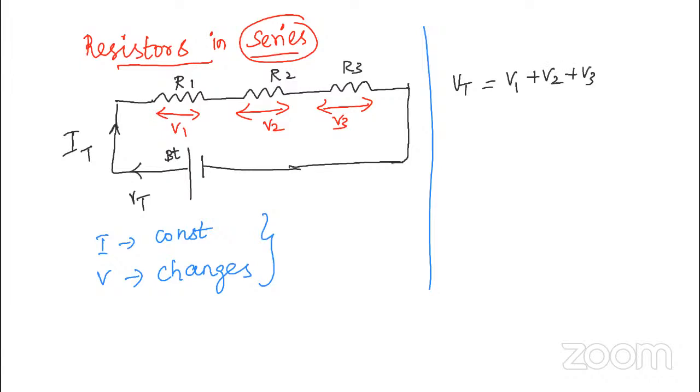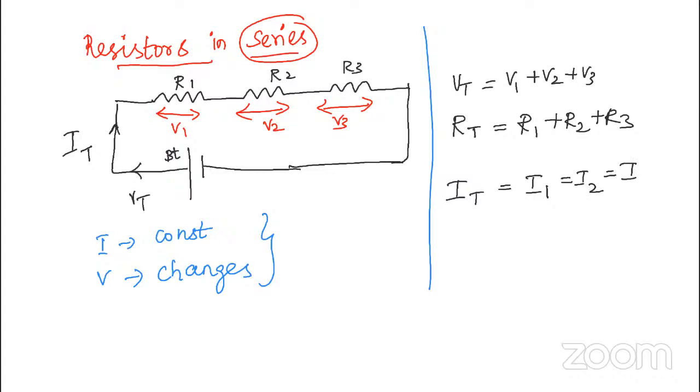Next, R of T should be equal to R1 plus R2 plus R3. Here the I value should be constant, so the total current should be equal at all the junctions, that is I1 is equal to I2 is equal to I3. These three equations are very, very important.